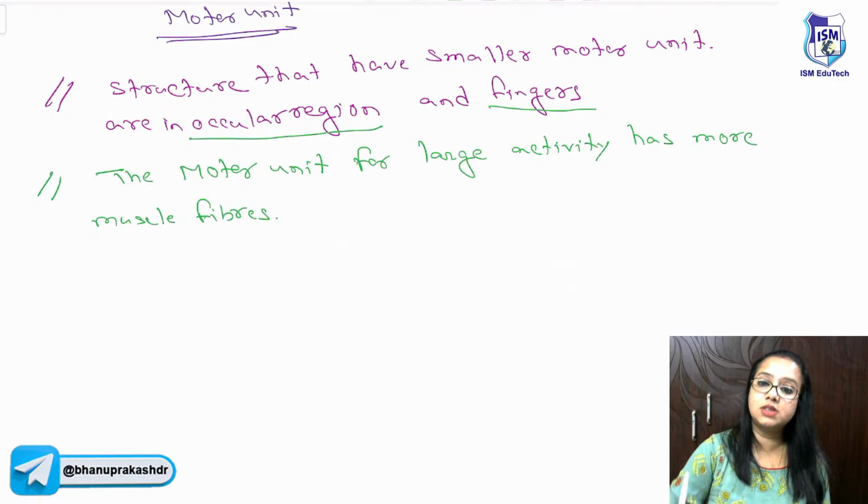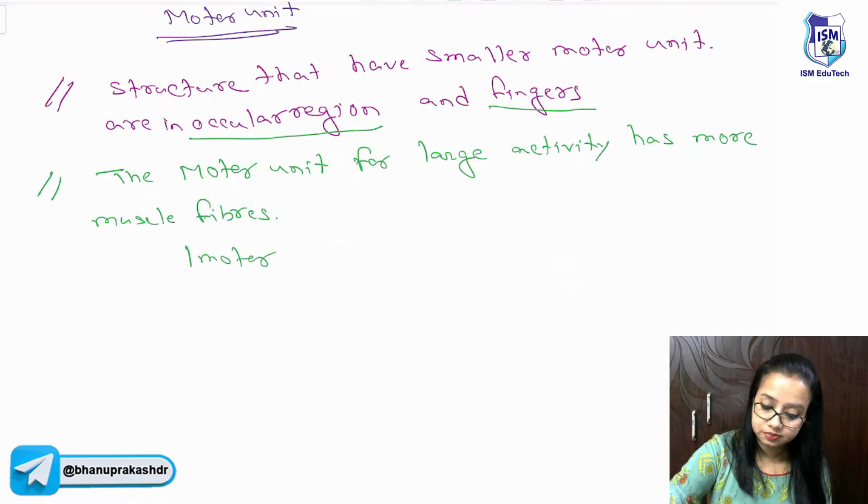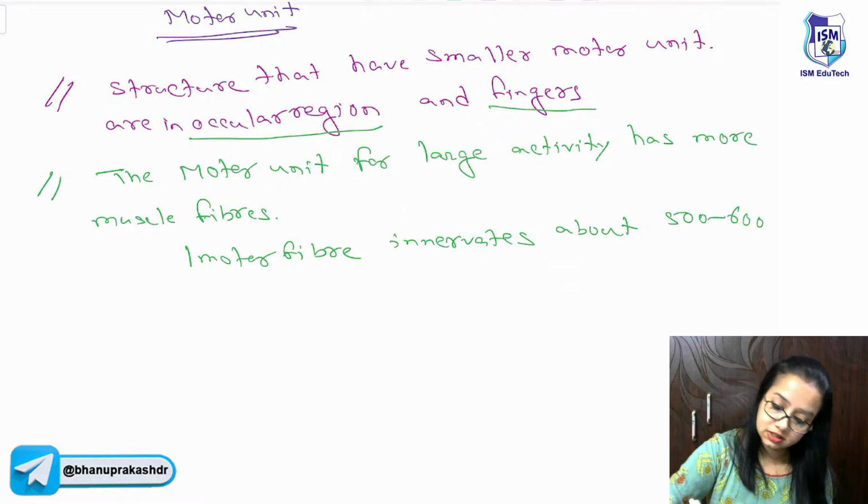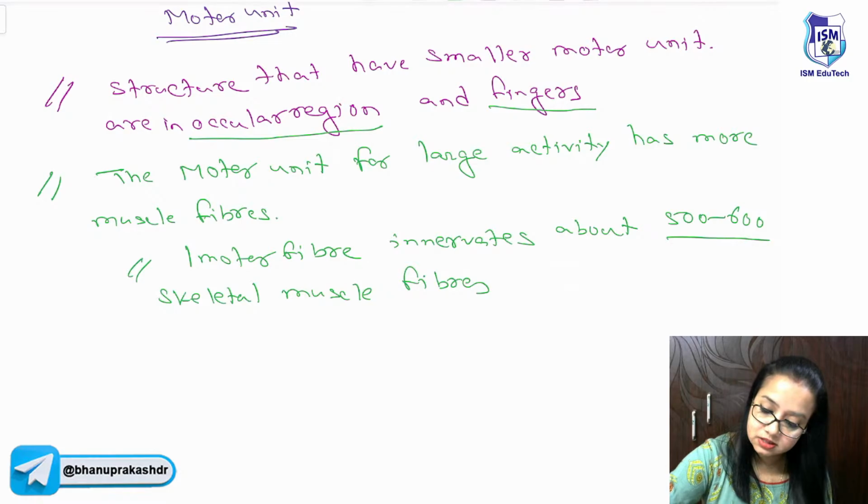For gross activity, like the muscles of the back and the trunk, one motor nerve fiber innervates many skeletal muscle fibers, about 500 to 600 skeletal muscle fibers in this region. This is the motor unit.